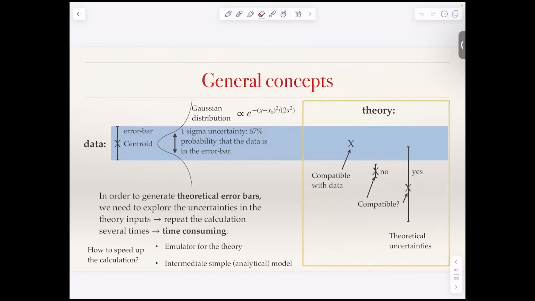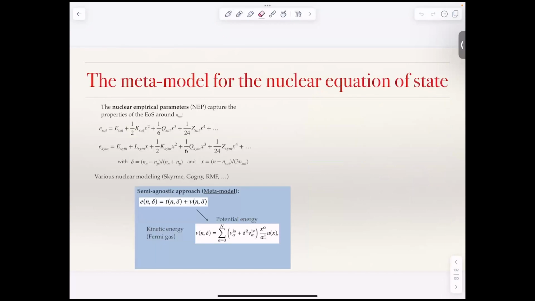So this is an introduction to an approach that we have suggested recently for the equation of state that is called the meta model. So in a way, the equation of state, depending on how you produce it, could be very, very long.